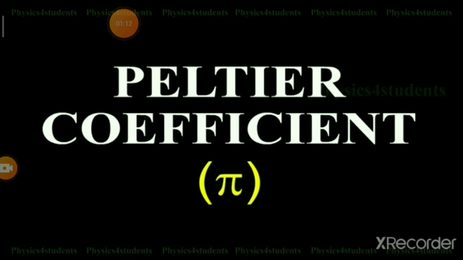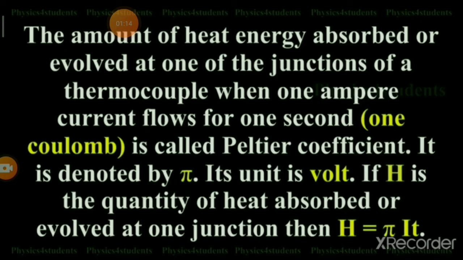The Peltier coefficient is denoted by pi. It is defined as the amount of heat energy absorbed or evolved at one of the junctions of a thermocouple when 1 ampere current flows for 1 second, that is 1 coulomb. Its unit is volt.